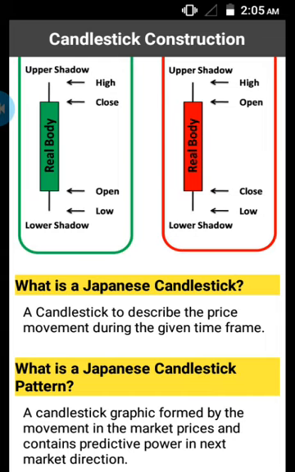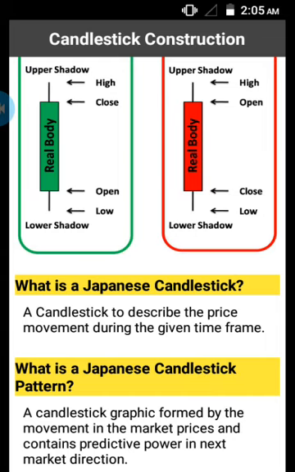So candlesticks were actually used as a price action pattern to see whether rice is being bought at a higher level, or whether the supply or the demand of rice is declining.